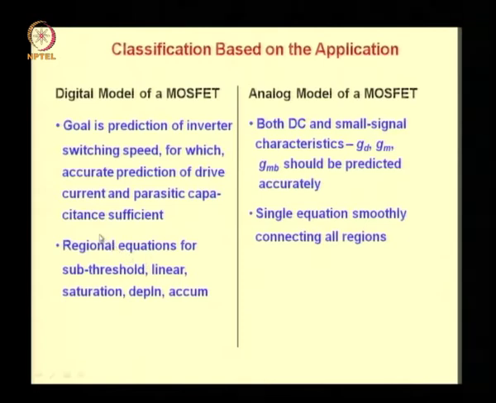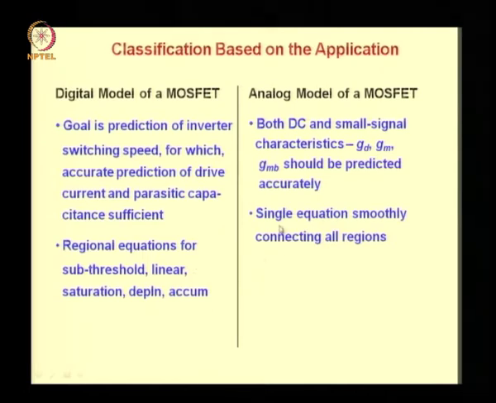Consequently, for a digital model, the model equations are regional: for subthreshold, linear, saturation, depletion and accumulation regions and so on. So you have equations which are valid in these various regions of operation of the MOSFET or the MOS capacitor, and these equations which are valid in different segments are put together to get the overall equation.